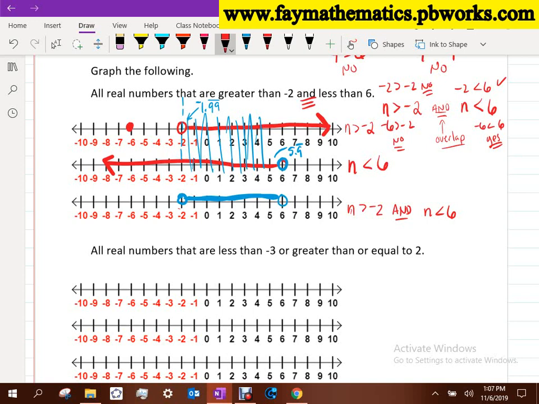You give me two points on the number line, no matter how close or how far apart they are, there's always going to be an infinite number of numbers between them. -2 and 6 are 8 units apart from each other, but there aren't 8 solutions there. There's an infinite number of solutions. Does that make sense?